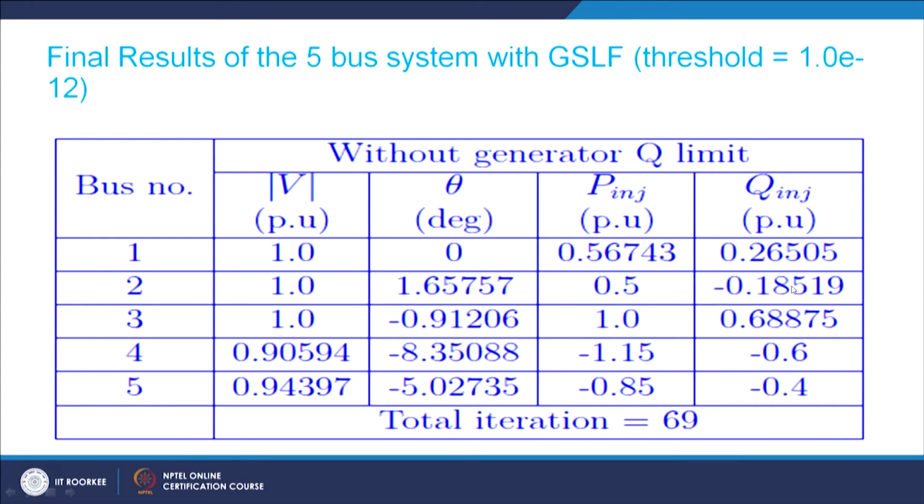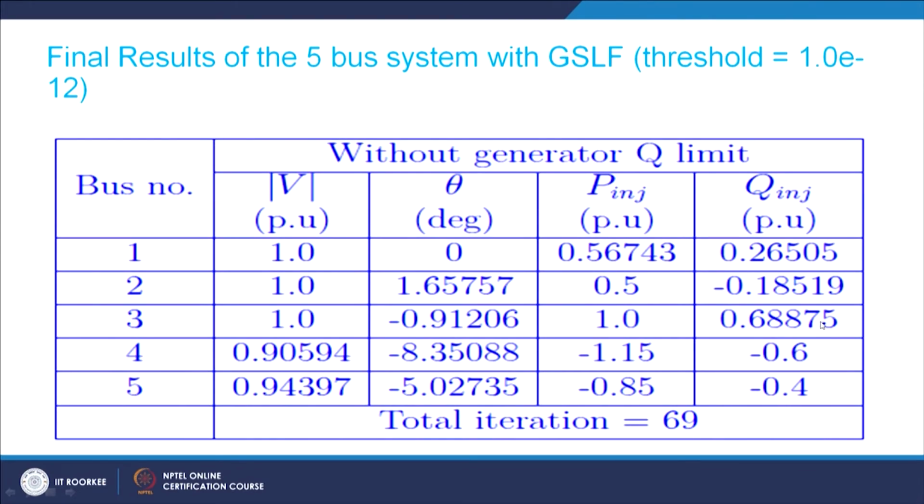Now how did we calculate this reactive power injection? Simple, we are using that expression that Qi is equal to summation k is equal to 1 to n Vi Vk Yik sin(theta i minus theta k minus alpha ik), that is the standard expression.